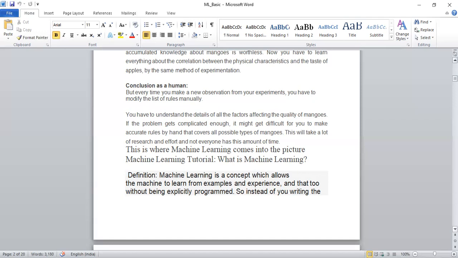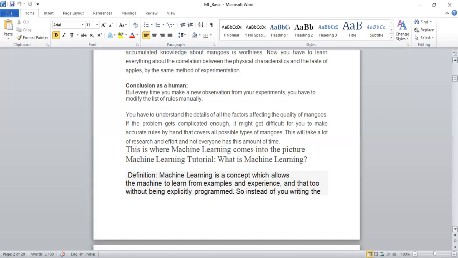But in case of machine learning, you don't have to write such code. Okay, you have to make the machine automated. How? The machine should learn from examples and experience. Suppose your machine is fed with a training data set.